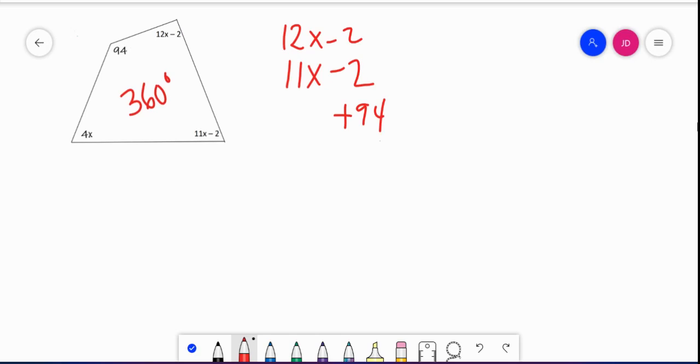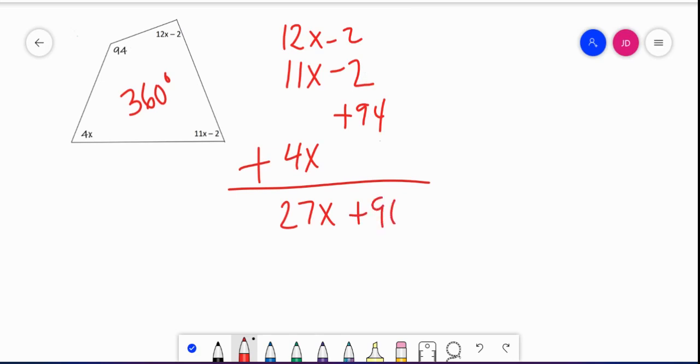And the 4x has to go here. So when I line them all up and add them, right? You have 12x plus 11x plus 4x is 27x. Negative 2, negative 2, and 94 is plus 90, equals 360.